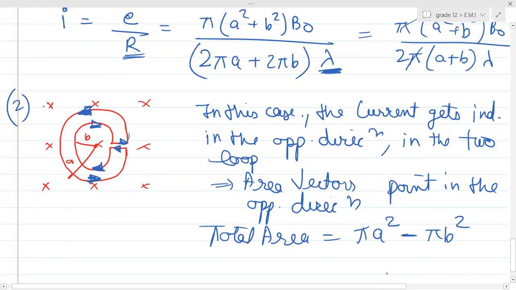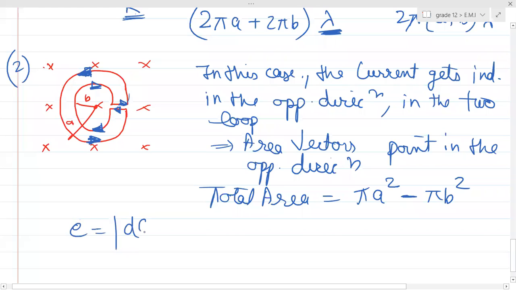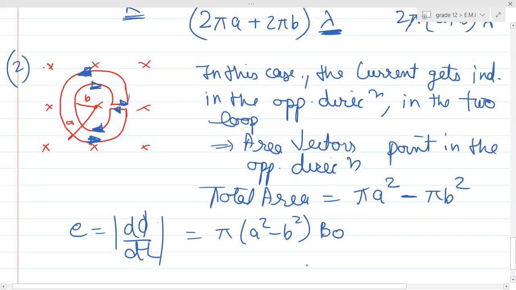This is the only difference, guys. The total area is basically this much. And now when you do this, you will write pi (a square minus b square) into 2. Now are you getting my point, guys? Yes or no?